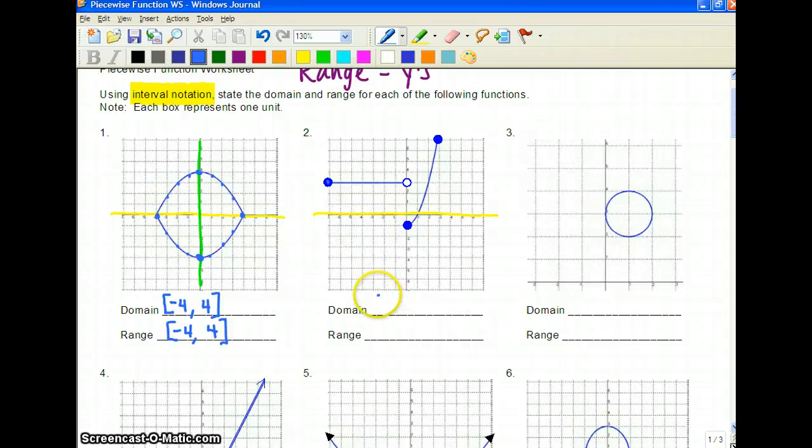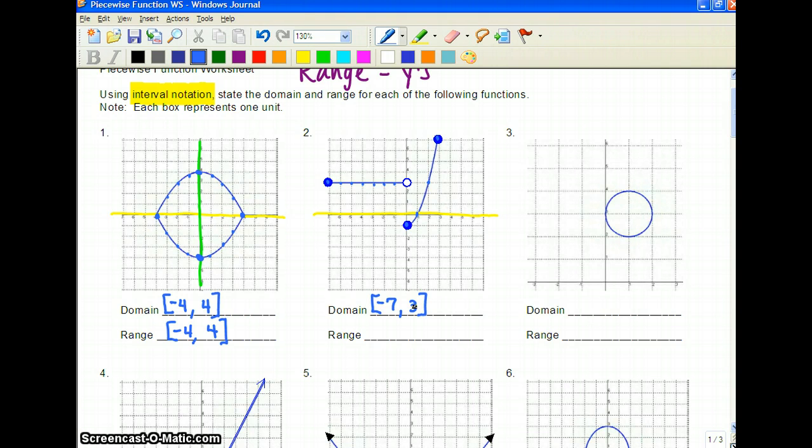So we start at negative 7. Okay, negative 6, negative 5, negative 4, negative 3, negative 2, negative 1. At 0, we go down here. But we have a point, so that's good. Here's 1, 2, 3. So we go to 3 and we stop.